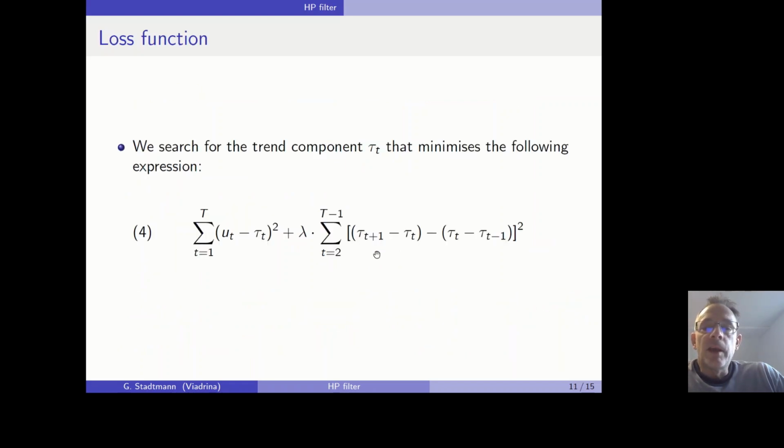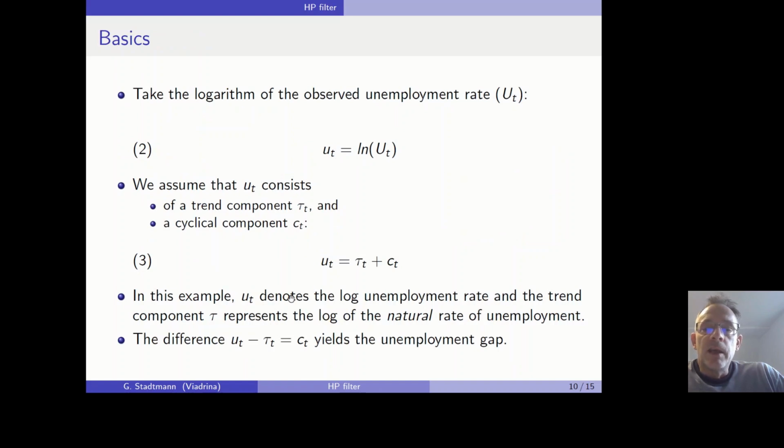In this example, the variable u_t denotes the log of the unemployment rate. The trend component tau represents the log of the natural rate of unemployment, and the difference between the realized unemployment rate and the trend component, the variable c, is the unemployment gap.